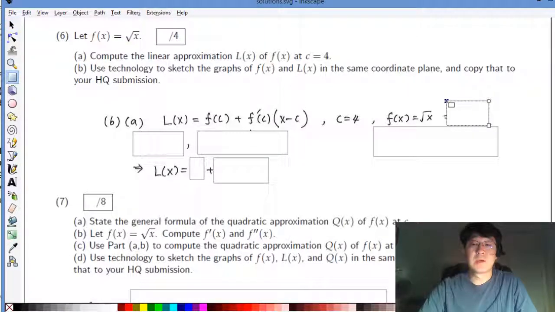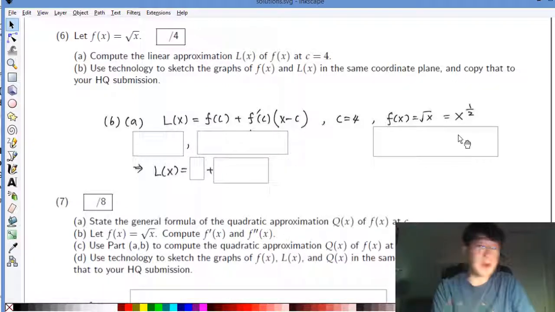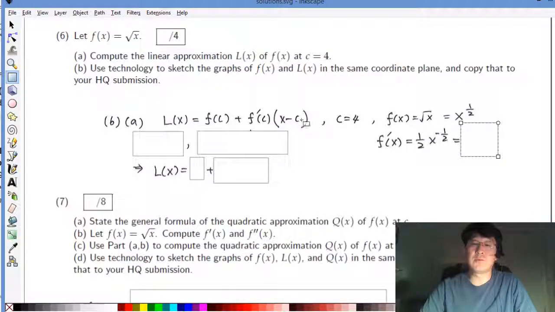The function is y equals square root of x, and here I'm going to rewrite that as x to the 1/2, so that I can use the power rule when I compute the derivative. This is enough just to get that value, but I write it in that form.